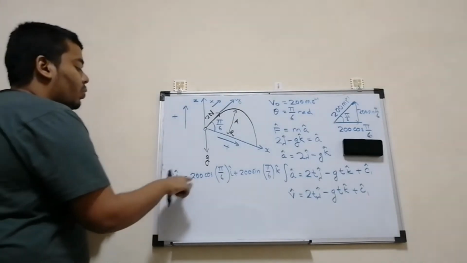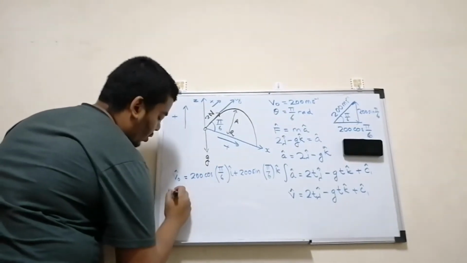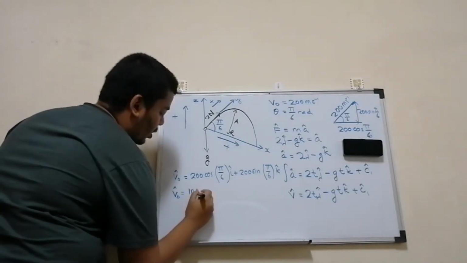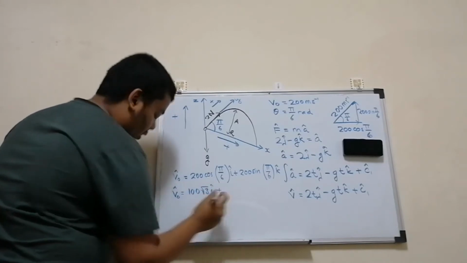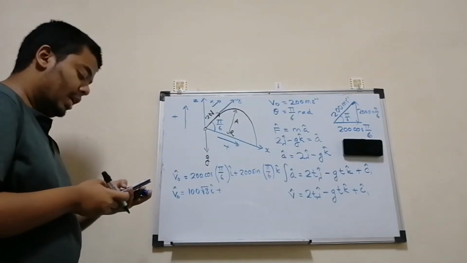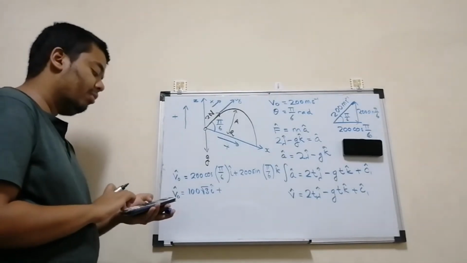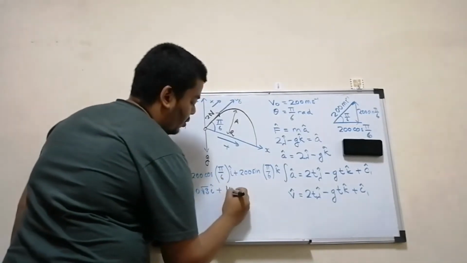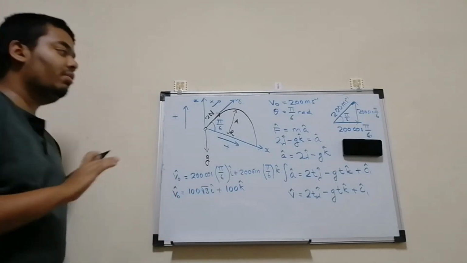When you have 200 into cos of pi upon 6, you will have V naught is equal to 100 square root 3 i plus, and we know that sine pi upon 6 is 1 upon 2, multiplied by 200, we will get 100k. So this is our initial velocity vector.